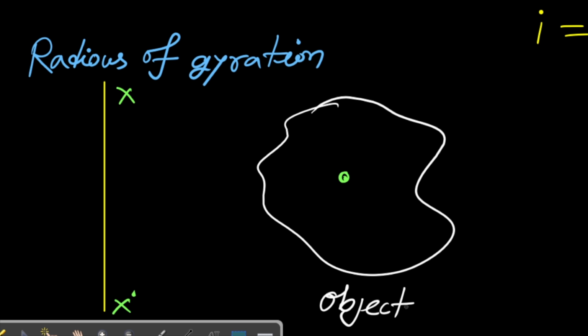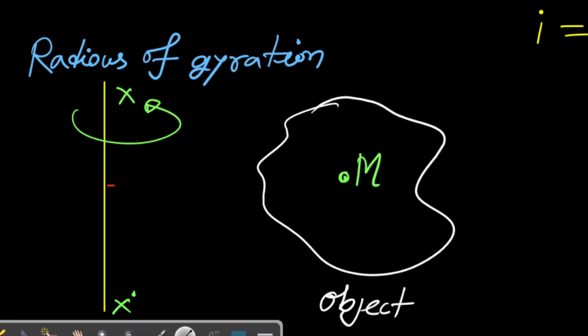We all know that all the mass of an object is concentrated at a particular point. Suppose the mass is m. If this object rotates around this axis, then there is a perpendicular distance between this point and the rotational axis.